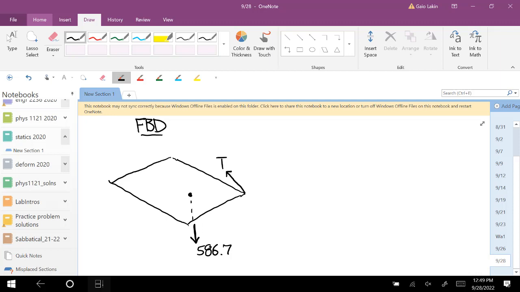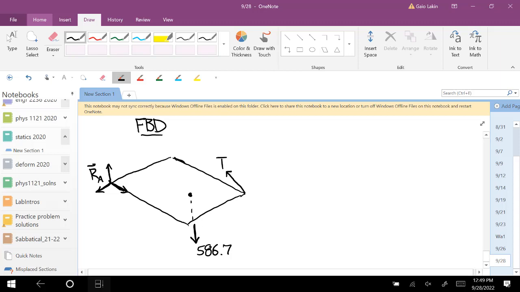And then we have the two force vectors representing the pin joints. I'll call this one RA. That one has thrust, so that includes a force component in the z direction.